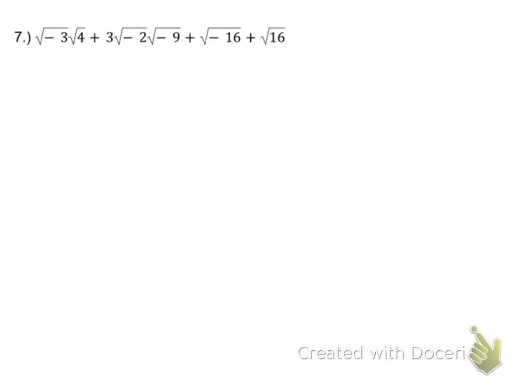Okay, guys. This one is kind of like problem 6, as in you're going to have some i's that you have to put together. But it has some other things. In the beginning, I told you guys you cannot take a square root of what?